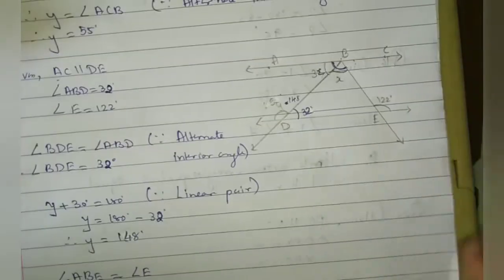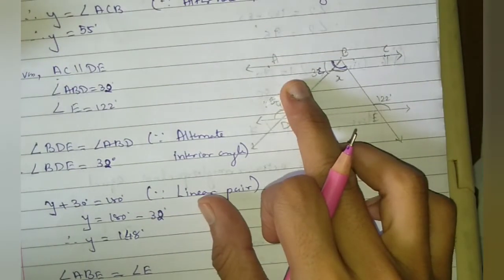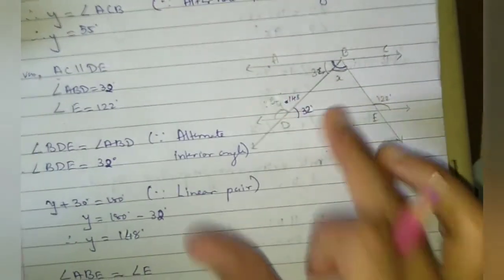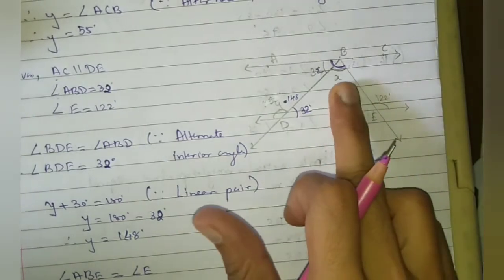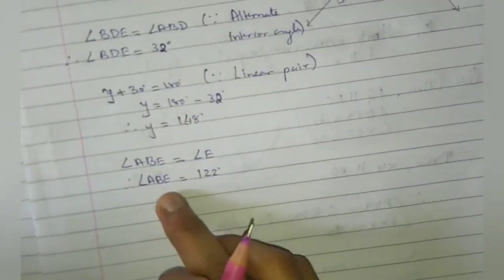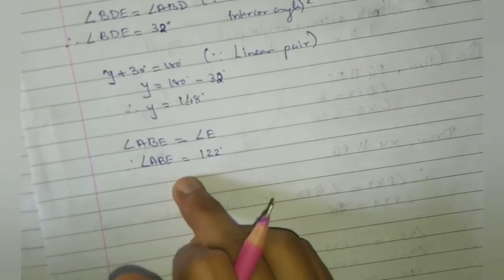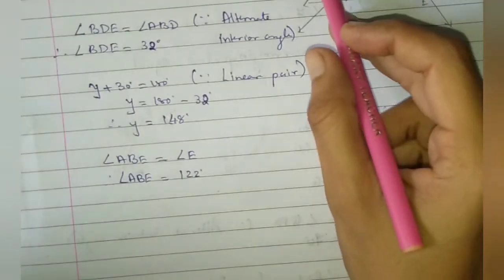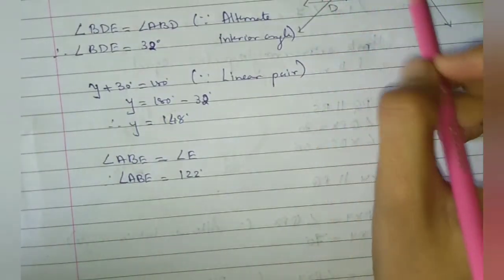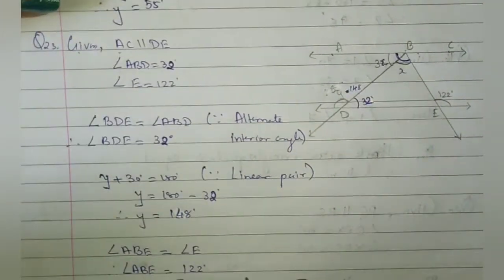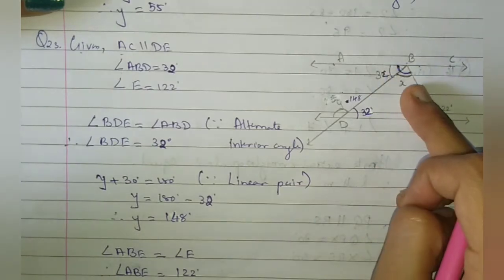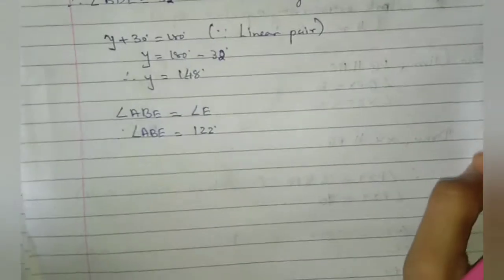Now if angle ABE equal to angle 32 plus x, so we can find the value of x. Or instead of angle ABE we can write angle ABD and angle BDE, whatever you want. I am writing directly because here 180 degree we got. So these two angles, 32 plus x equal to 122.